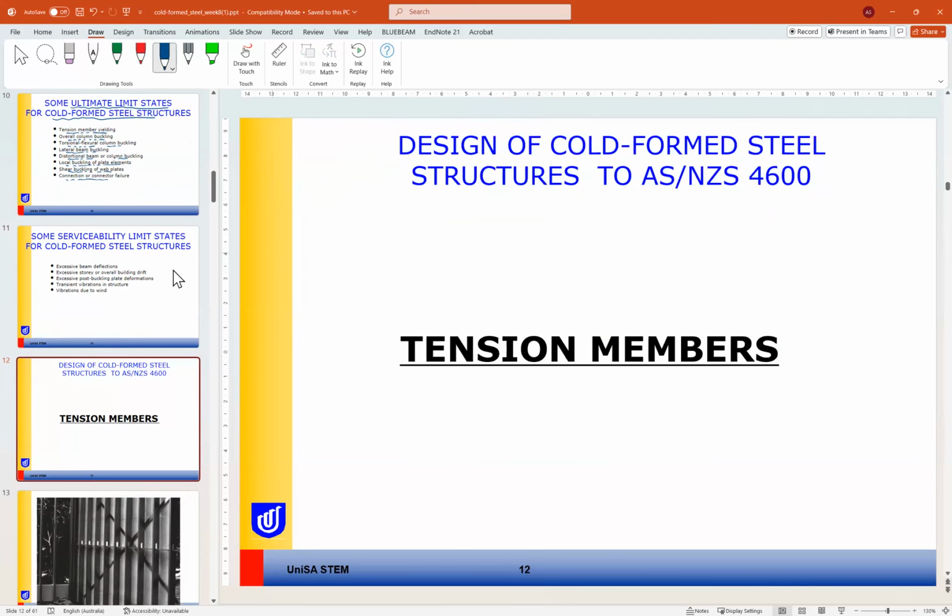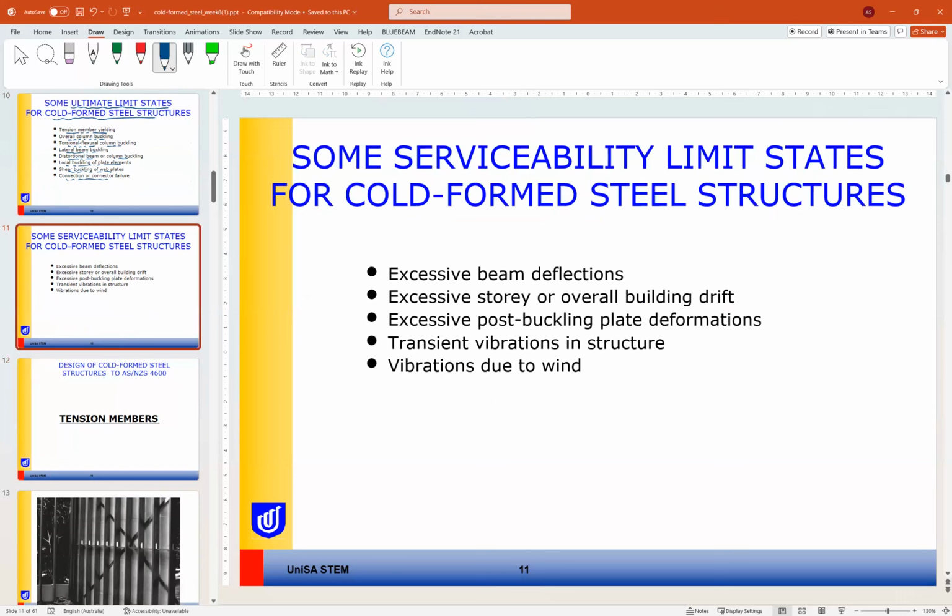Also, we have some serviceability limit states. The serviceability limit state: excessive beam deflection. I think we have this similar to structural steel. Excessive story or overall building drift.